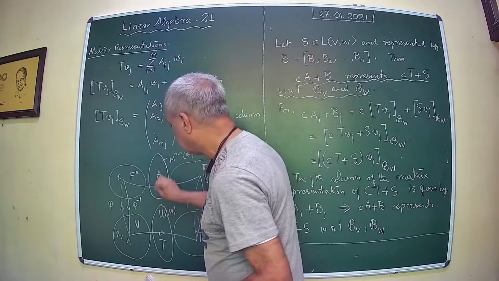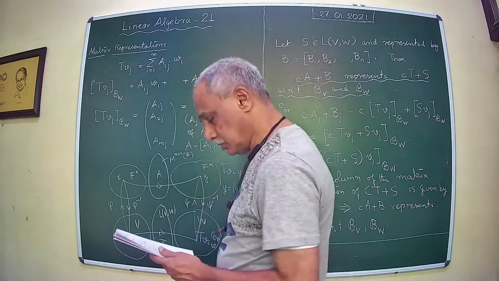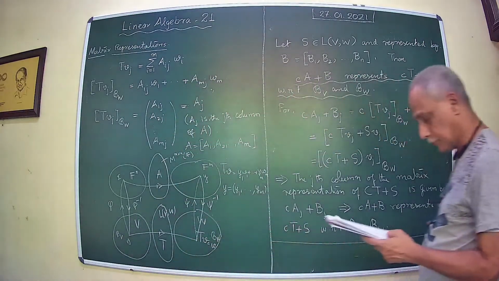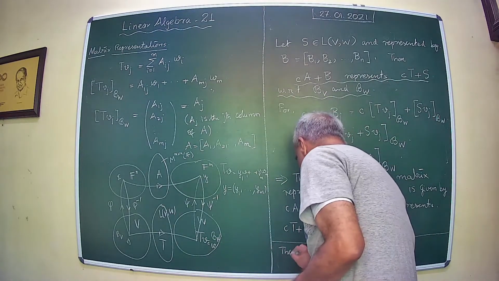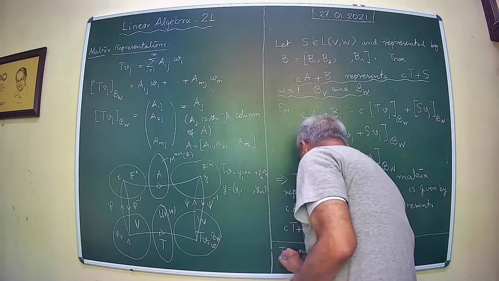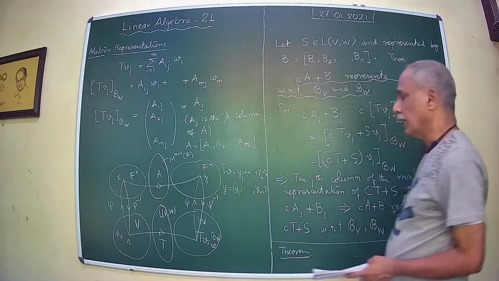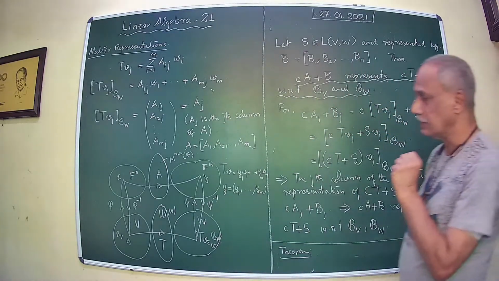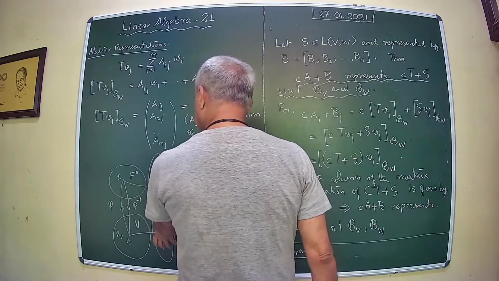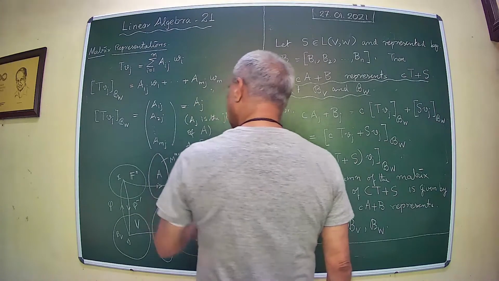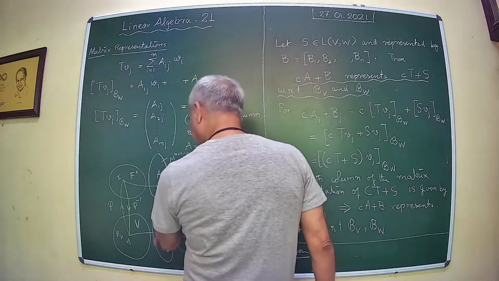Associate A with T. Okay. And what we are going to prove is that this is an isomorphism. You know that this is a linear space structure. This also is a linear space structure. This is of dimension mn.